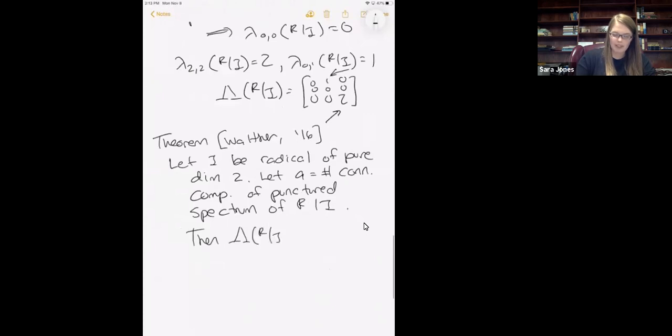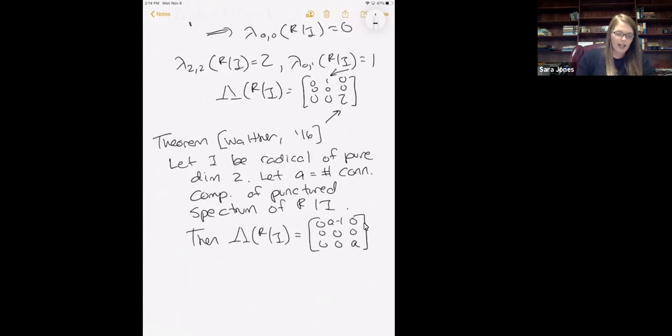We see the Lyubeznik table is given by zeros everywhere except for these two remaining entries, where this one is the number of connected components and this one is 1 less than that. So a generalization of the example that we just noticed here.